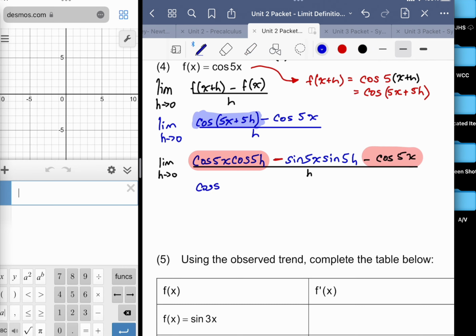So cosine 5x, cosine 5h, minus cosine 5x, all over h would be one fraction. Then minus sine 5x, sine 5h, all over h would be the other fraction.